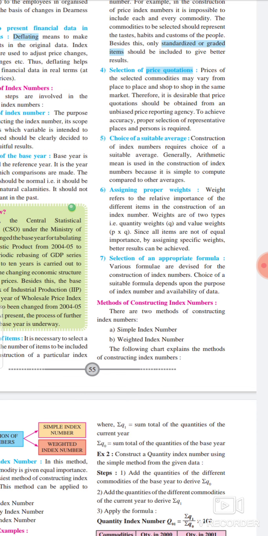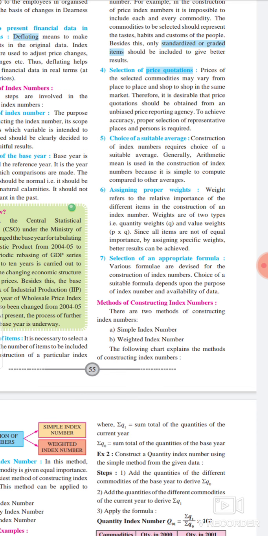So when constructing an index number, we need to choose a suitable average, and generally we use the arithmetic mean because it is simple to compute compared to other averages.